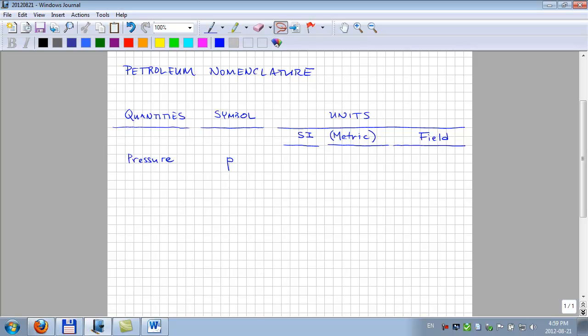If they don't use field units, they use typically a hybrid SI unit. Okay, it's maybe not even accepted in the SI, but so for example, for pressure, what's the unit for pressure in SI? Pascal. Yeah. For our friend Pascal.